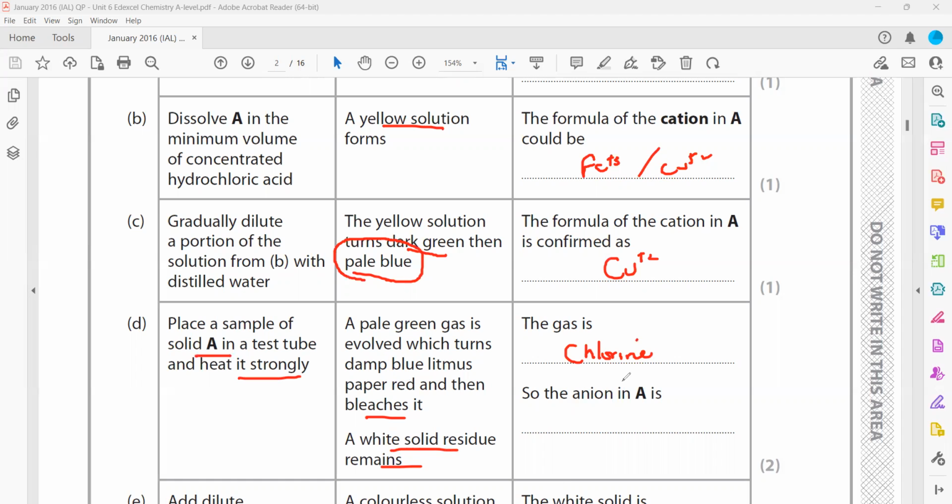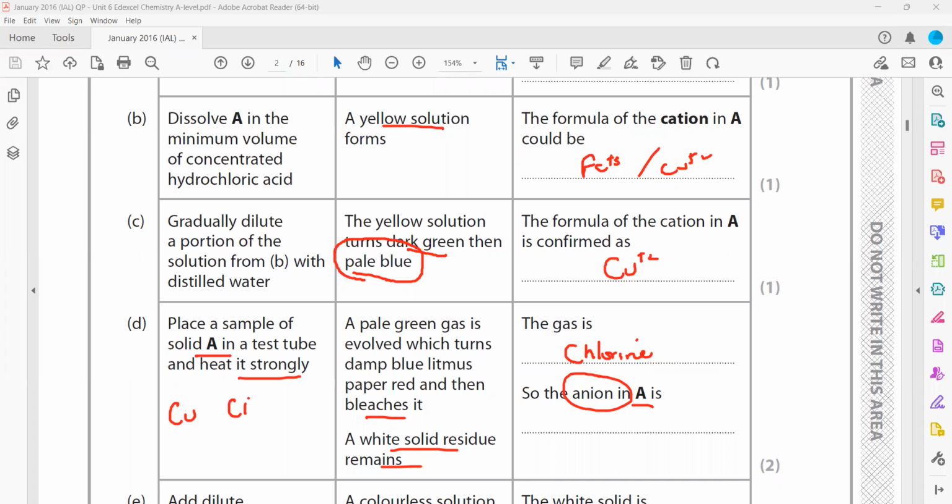How can we identify the anion in A? We identified the cation as copper.